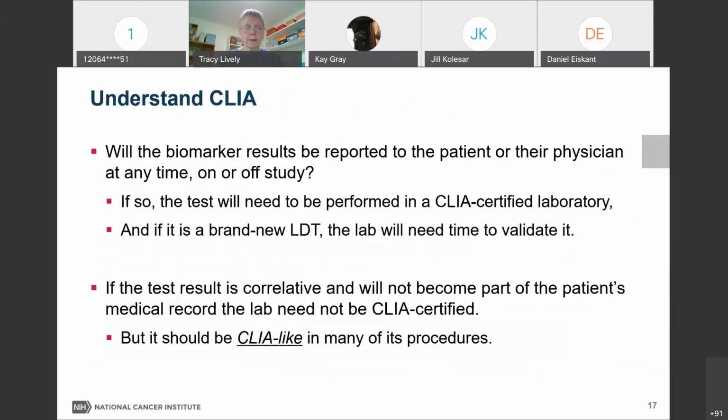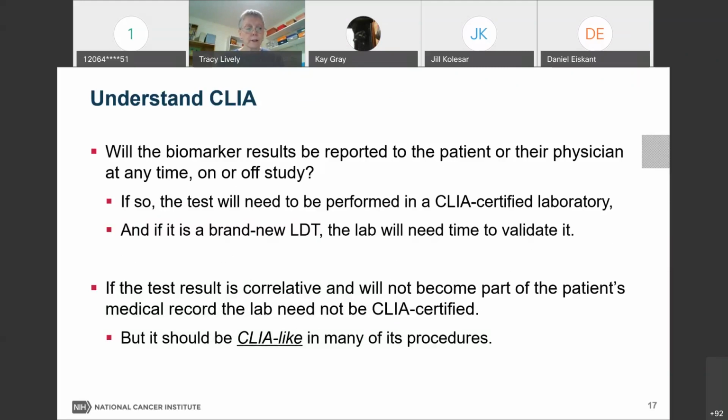Either way, you need to understand CLIA. If the test result is going to be reported back to the patient, such as for an eligibility test, that test will need to be done in a CLIA certified lab. And if it's a brand new lab developed test, that CLIA certified lab is going to need time to build it and to validate it for your trial.